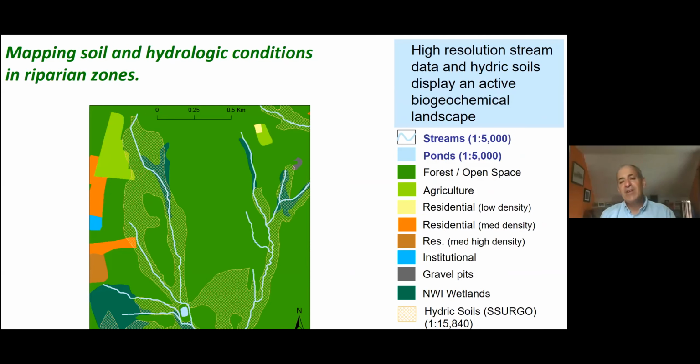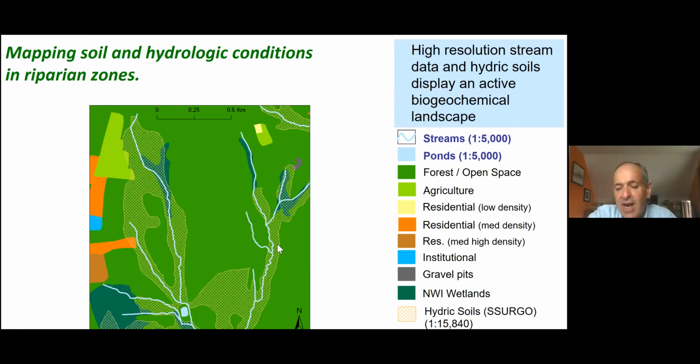But if I bring to bear some of these new coverages that are increasingly available, such as high resolution stream maps, 1 to 5,000 scale, you can see that instead of having just one stream, I actually have an entire stream network with a bunch of small tributaries, and each of these tributaries is surrounded by hydric soil.